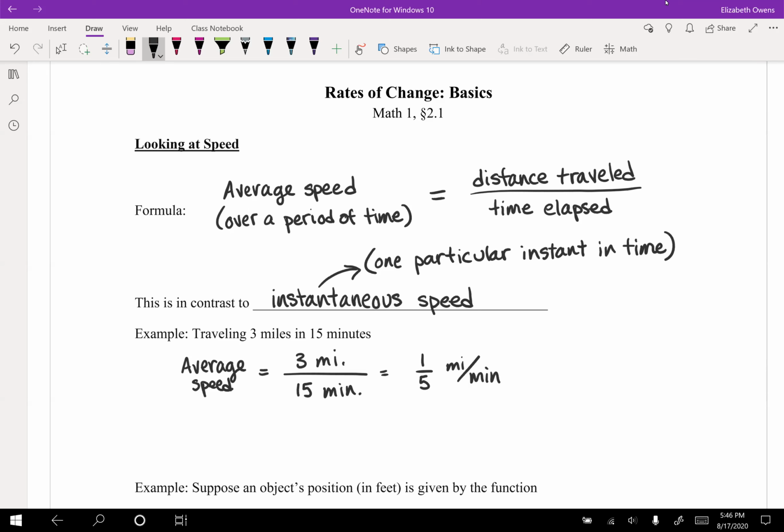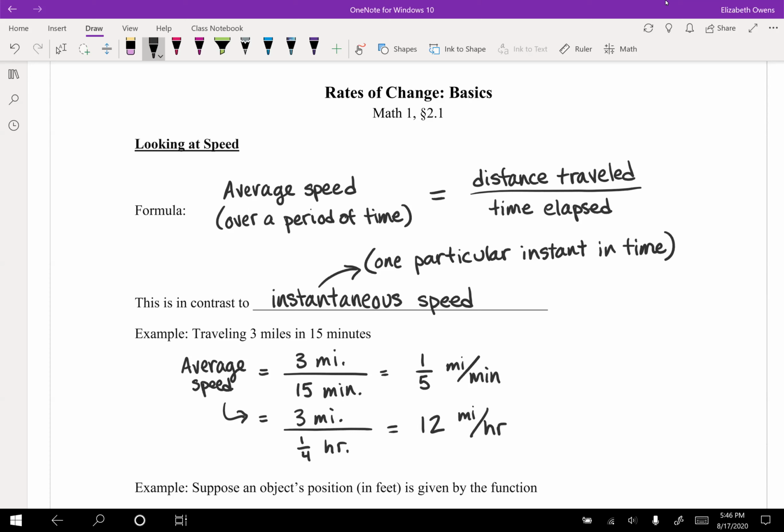Now, we're not quite used to thinking of speed in miles per minute most of the time, so another way you could do this would be to use miles per hour instead. 15 minutes is a quarter of an hour, so now we've got it in more familiar units. 3 divided by 1/4, or 3 times 4, would be 12 miles per hour.